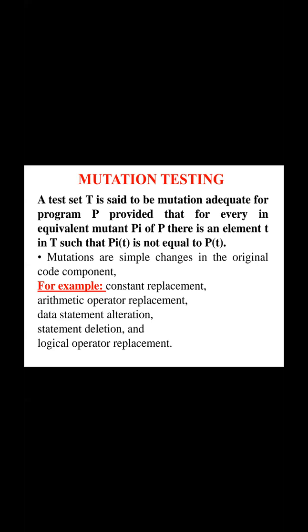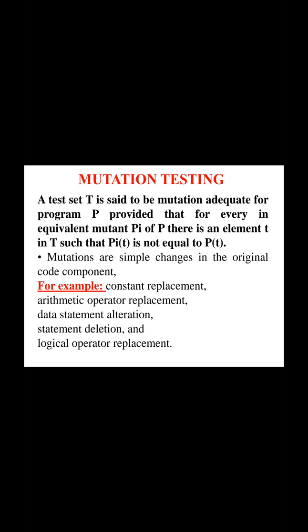P is our original program, PA is our mutant program, T is the test set. Our aim is that PA of T is not equal to P of T, because P of T is the original program and PA of T is the mutant program. The mutant program and the original program will not be the same.